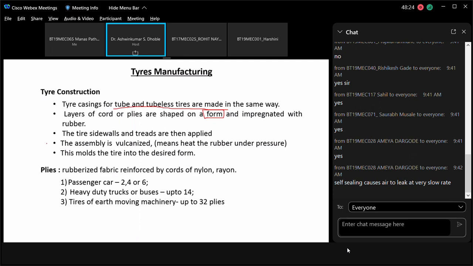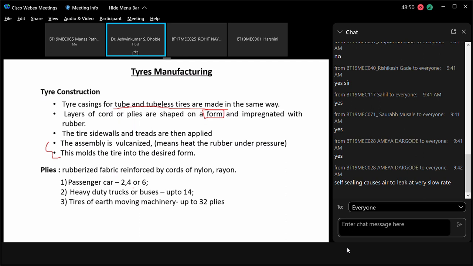So now it says how many plies you have to apply for a passenger car. These are general figures. The actual figures may vary depending upon the manufacturer. Nowadays you hear of so many types of tires, such as Sigma tires, steel radials and whatnot, and there are a lot of advertisements going on on TV.